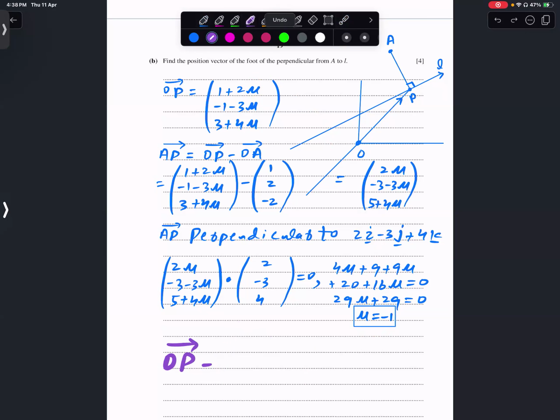And then minus 1 minus plus 3 minus 1 will be 2, and then minus 1. So students, this is my position vector of the foot of the perpendicular: minus 1, 2, minus 1.